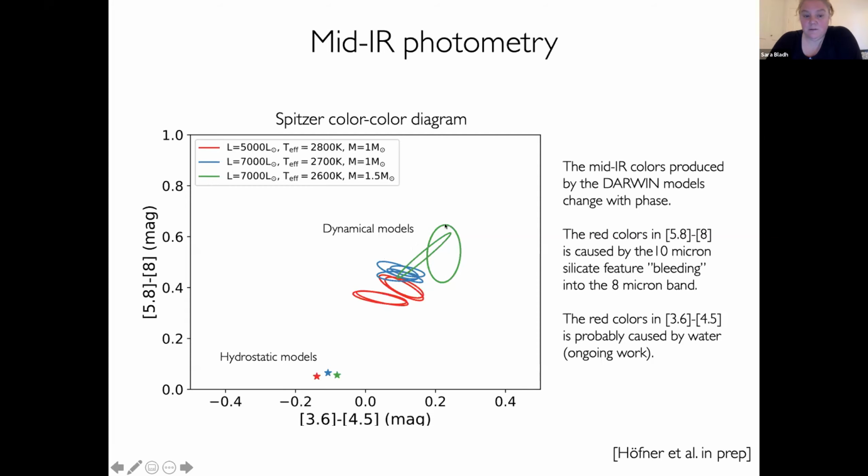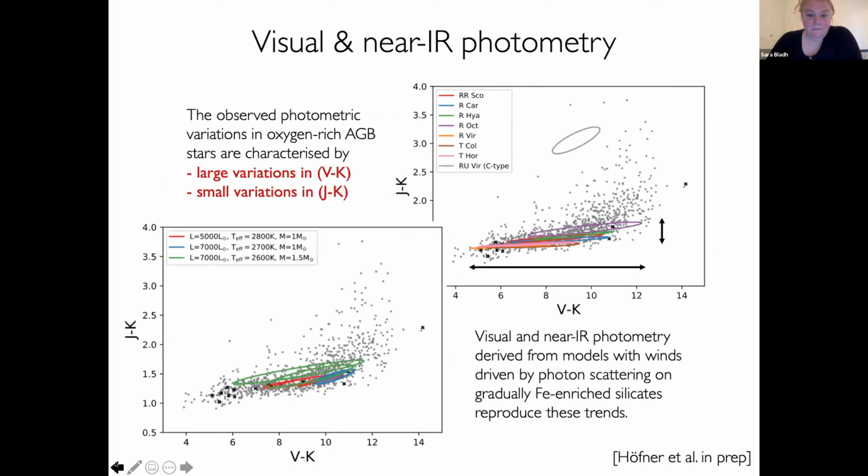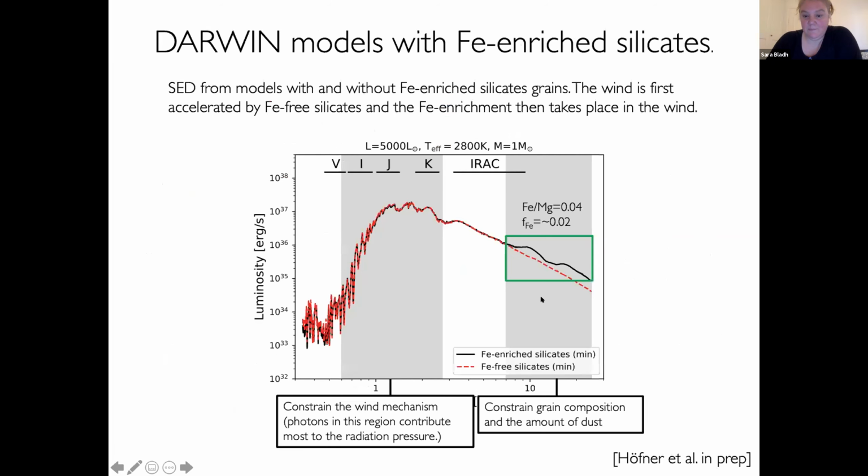The red colors in 5.8 minus 8, the ones that are most red, are caused by a very wide or strong 10 micron silicate feature, which bleeds into the 8 micron band. Let me go back.